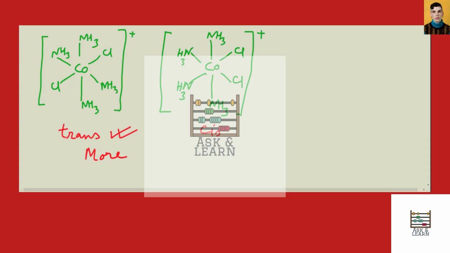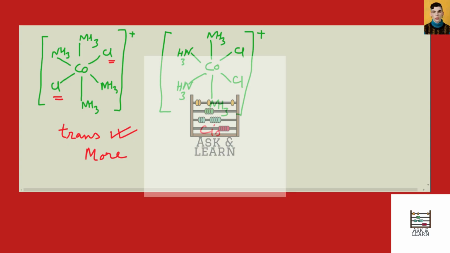The reason is 2 negative chloride ion ligands are opposite to one another in case of trans. They are opposite to one another, and so the isomer has less repulsion and more stability. Because of that only we can expect that trans isomer should be more in the product as compared to cis.